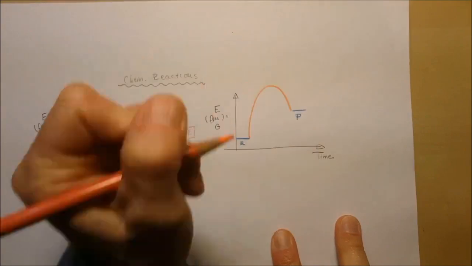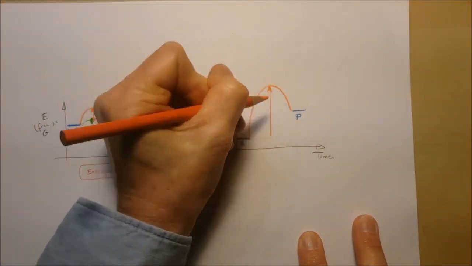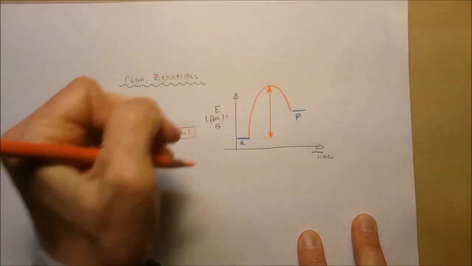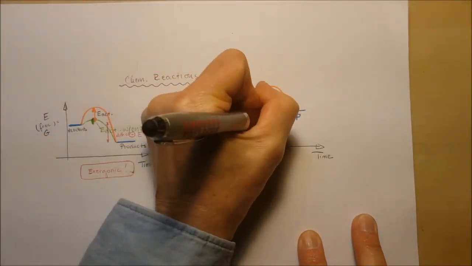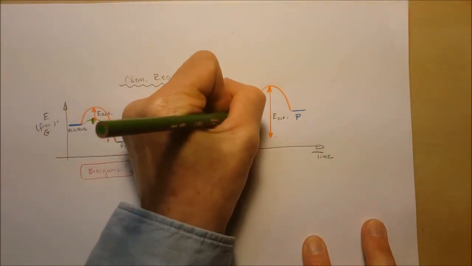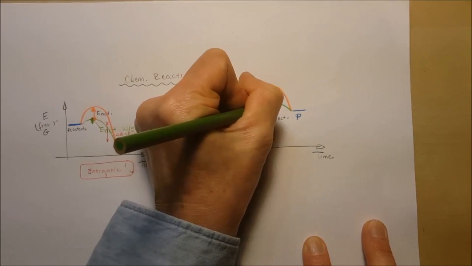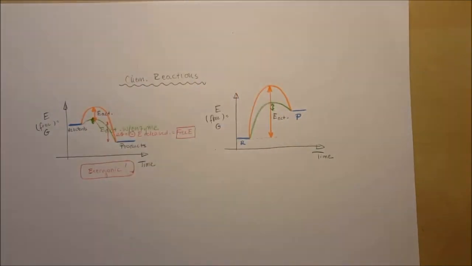So this orange represents the activation energy when there's no enzyme present. And the green represents again the activation energy that is needed when an enzyme is present.